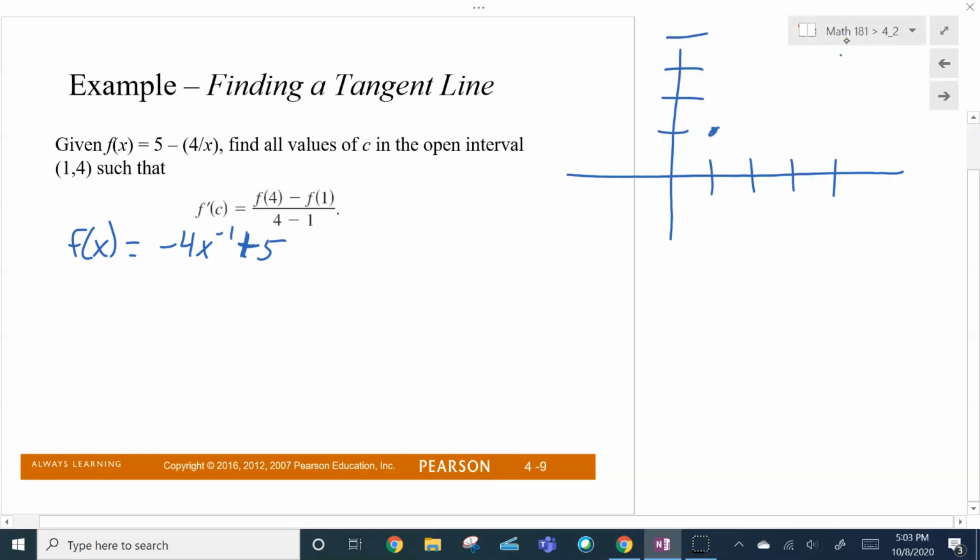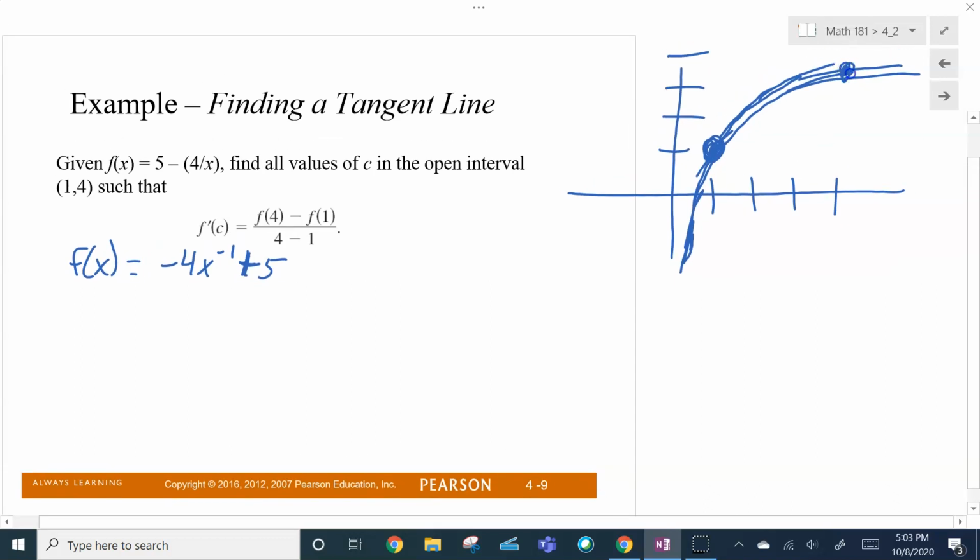It's up here, 4, right? Let me kind of draw this. I can't draw this very well, but anyways. 1, 1, 4, 4 up there. Okay.